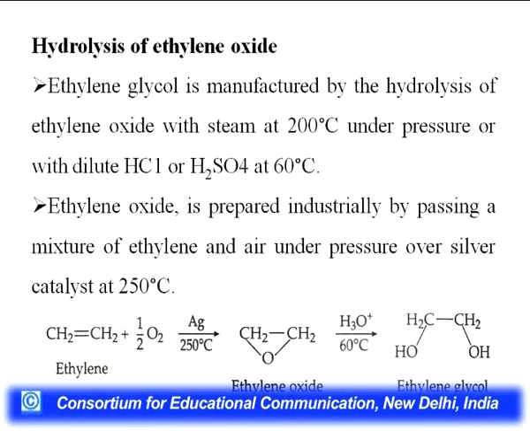You can see in the reaction that ethylene reacts with oxygen along with silver at 250 degrees Celsius and first gives ethylene oxide. Then hydrolysis of this ethylene oxide gives ethylene glycol at 60 degrees Celsius.